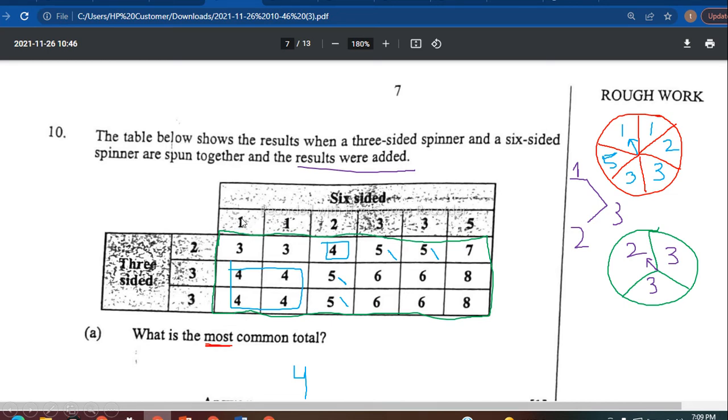They're telling you if you add 1 and 2, you get 3. If you add 2 and 3, you get 5. If you add 3 and 3, you get 6. So these numbers are not a part of the sums. So we only count the ones that are in the clear white box.